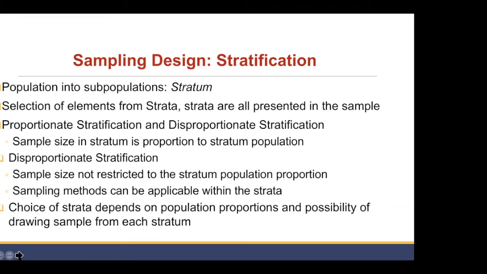For example, if you are dividing a population based on race, and you decide collecting data from a particular race is not convenient, then doing proportional stratification is not justifiable in this situation.